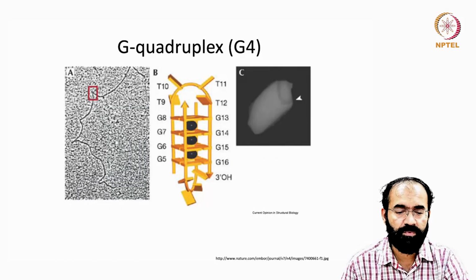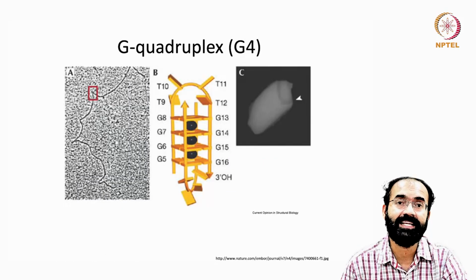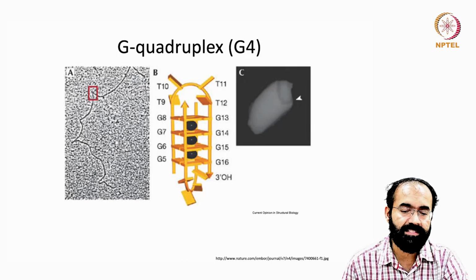The G quadruplex can be visibly seen under an electron micrograph, as you can see here, and the formation is somewhat like this. The same DNA is folded over and over.